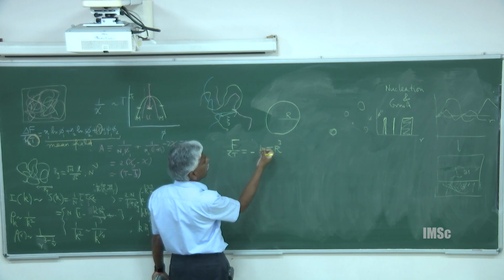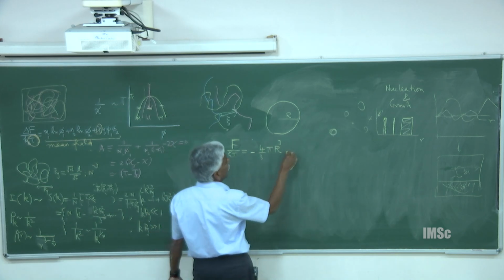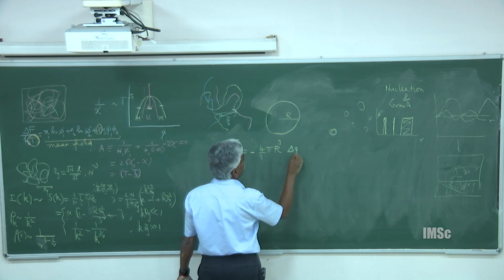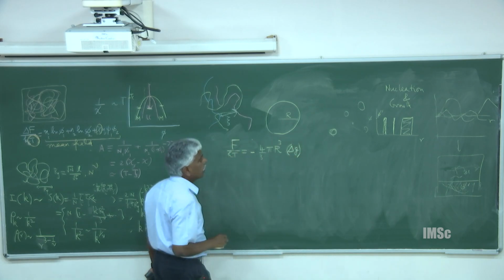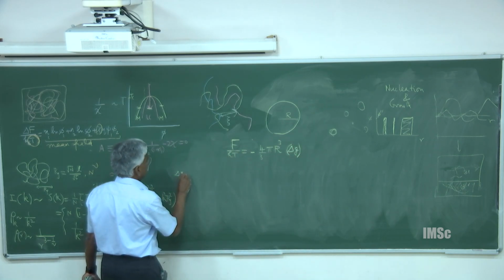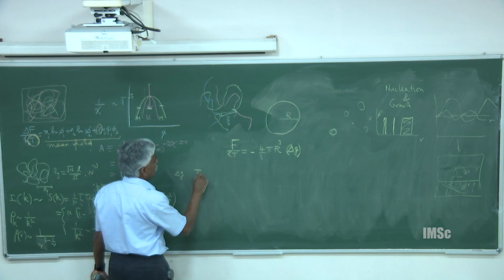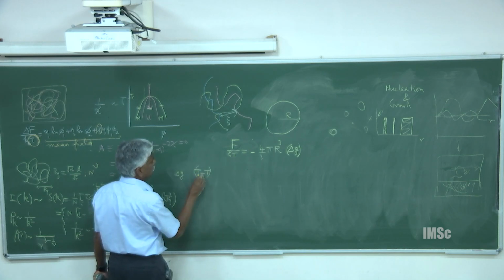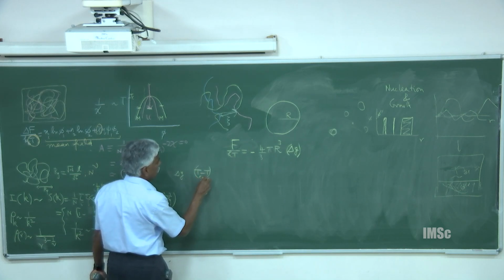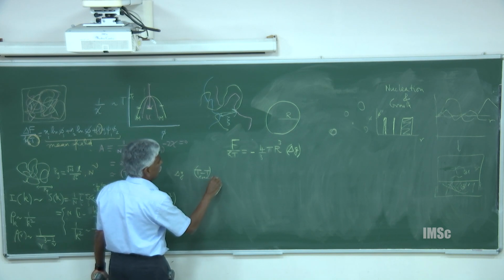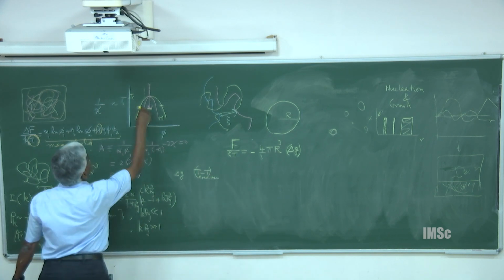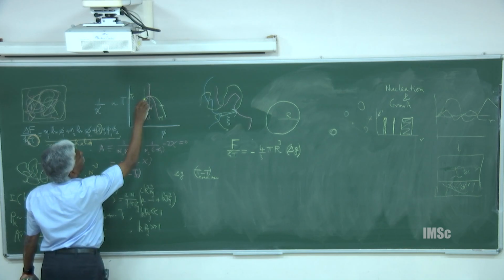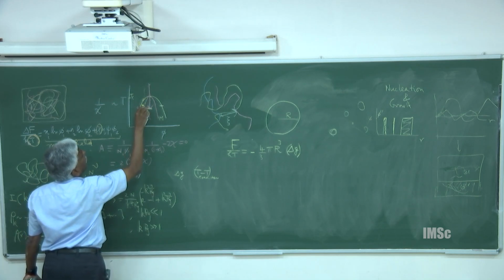And what is the free energy gain in doing this? Let me write this as delta g, little g. And that delta g, of course, is related to Tc minus T, for example, T coexistence temperature. Suppose I quench it here, I quench it there.